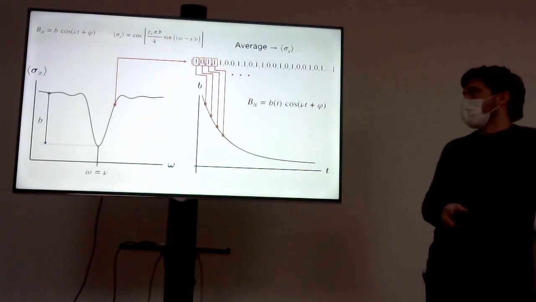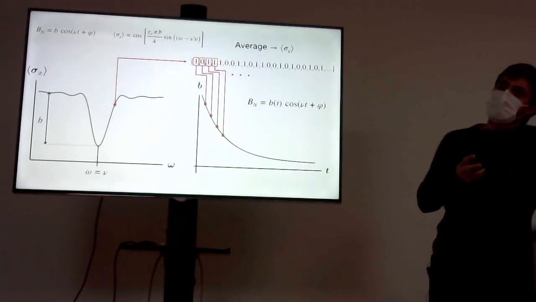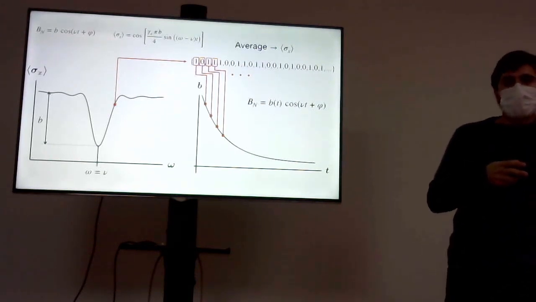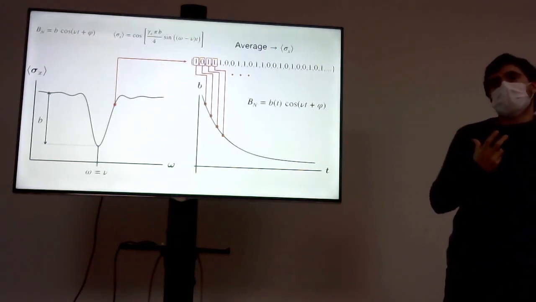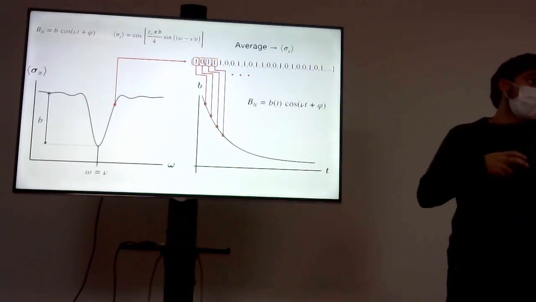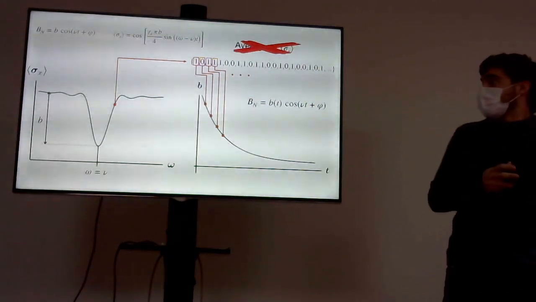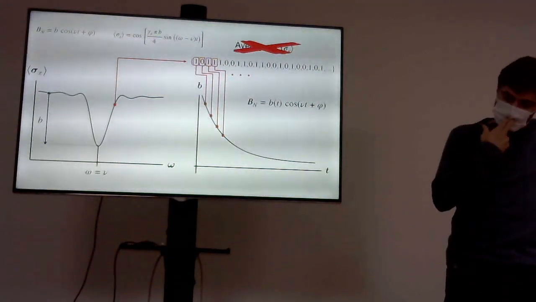So in this scenario, taking the average of the measurement outcomes has no sense. I mean, you can still do it, but you won't get any information out of it. So this approach is not valid here.